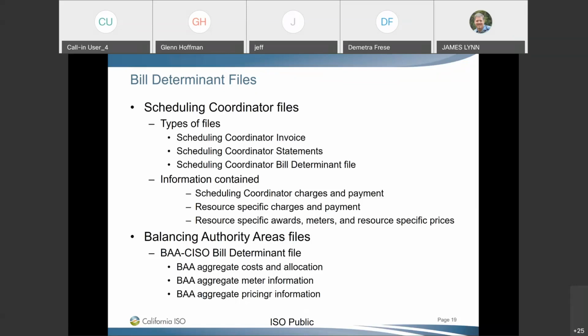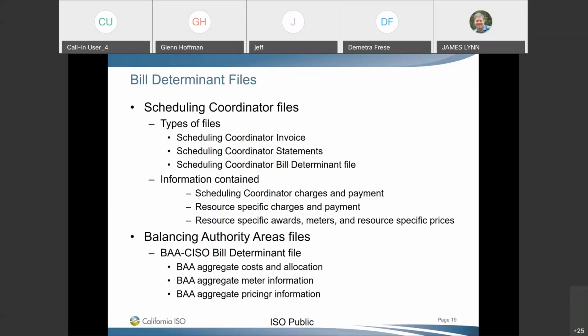An example of this would be your total BCR cost that was paid to the resources within BANC. Well, that total cost gets allocated to the EIM entity, but if you want to know what your total BCR cost is, then you go into this bill determinant file. You could actually find it there. You also wanted to know if you got any costs from another balancing authority area.